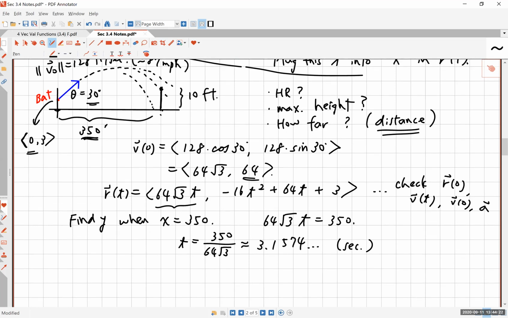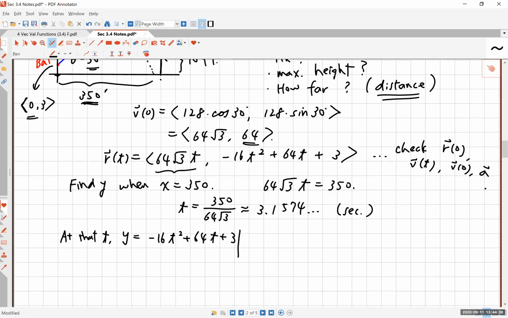Now the question is, what is the y value at that t? Okay, well, the y value is this. So it's negative 16 t squared plus 64 t plus 3. Evaluate this at t equal to 3.1574.